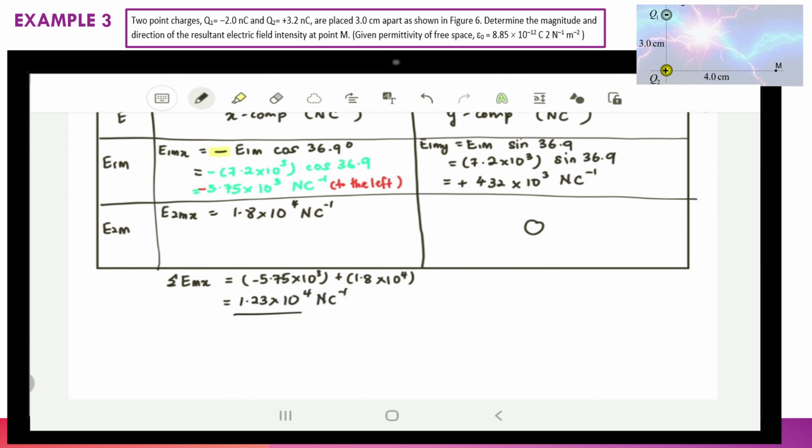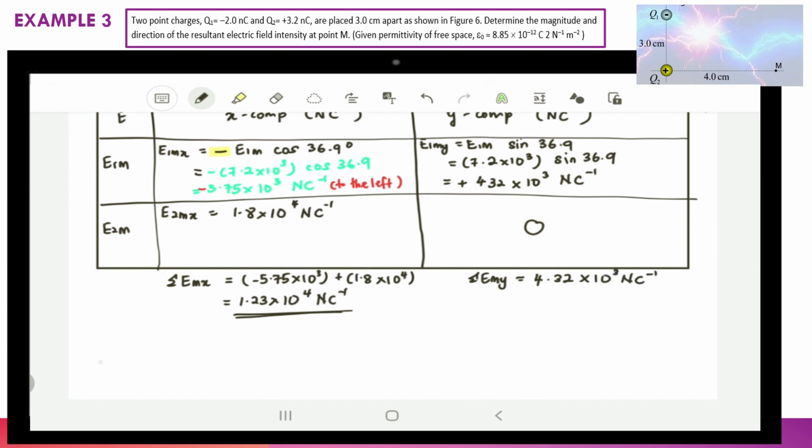Later you check, okay? And for the y component, we just have E1my from the electric field on M due to the first charge, so straightly 4.32 exponent 3 Newton per Coulomb.